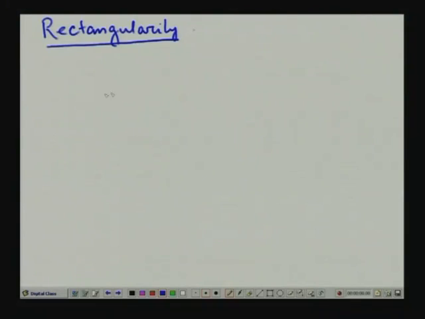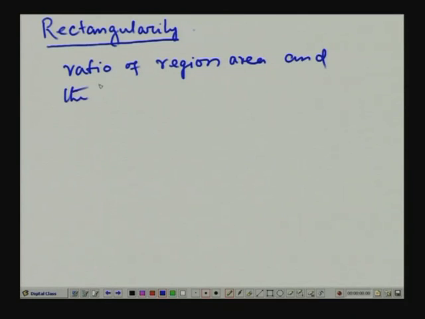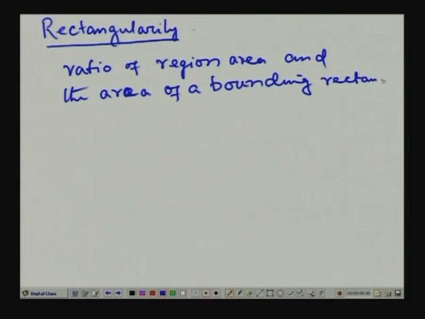So, I can define this rectangularity as the ratio of region area and the area of a bounding rectangle which is maximum.